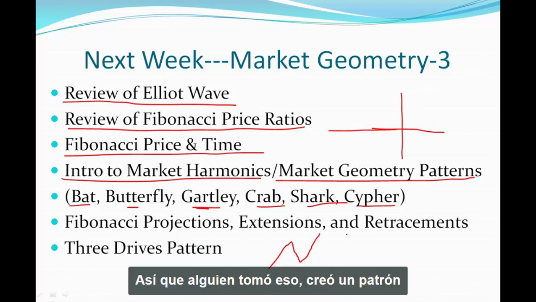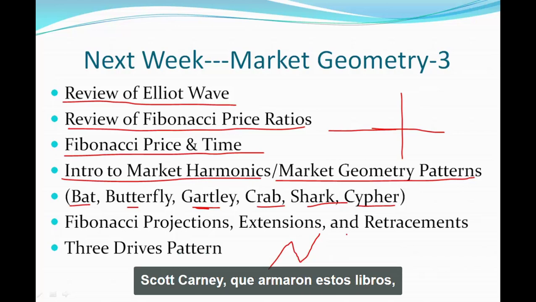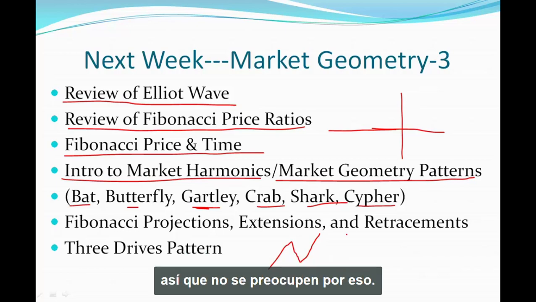So somebody took that, created a pattern, and Bryce Gilmore, who's retired now, was one of the pioneers, along with Larry Pesavento and Scott Carney, and they've put together these books. You see them all over YouTube, but I'm going to put it all together for you. So don't worry about that. Don't let the word scare you.